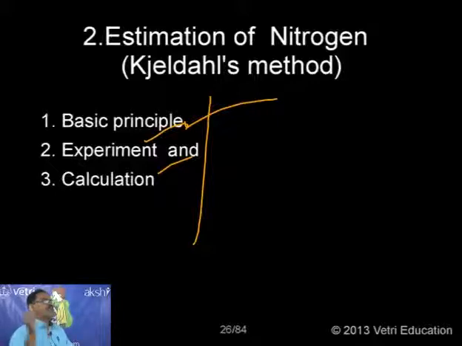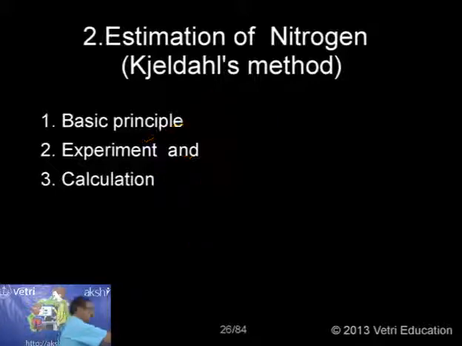When this ammonium sulfate is treated with sodium hydroxide, it is converted into ammonia. That ammonia gas we pass into a known quantity of acid, and after neutralization we determine the volume. From the volume of acid consumed, and correspondingly the excess acid, we can determine the percentage of nitrogen.